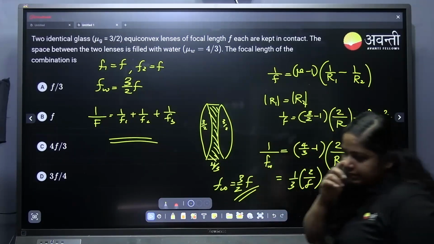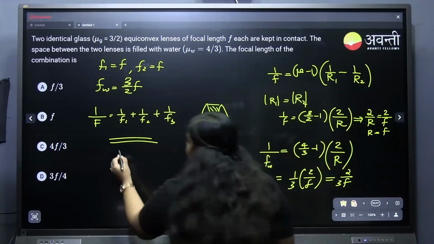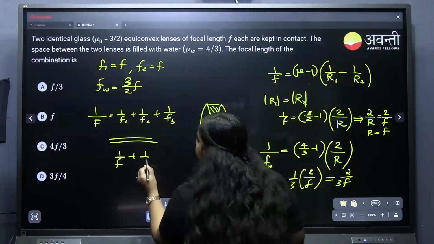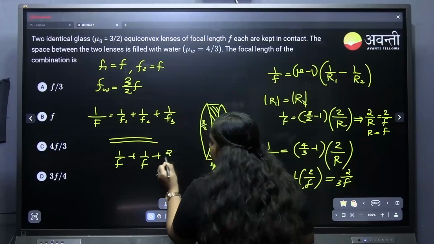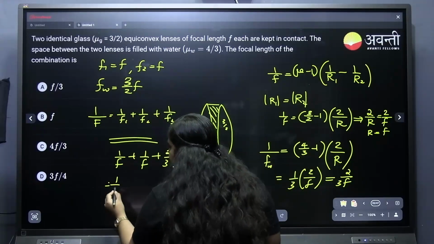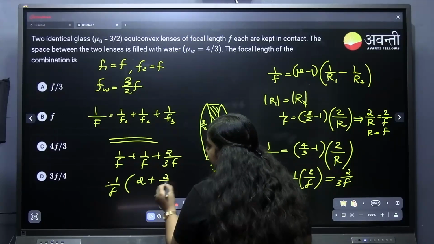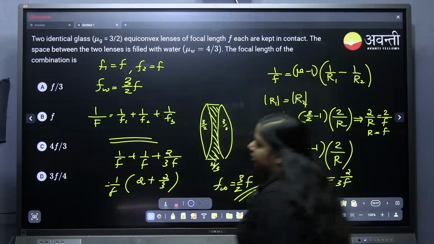Then you will get the answer: 1 by f plus 1 by f plus 2 by 3f. If you take f common, you will get 1 by f into 2 plus 2 by 3.